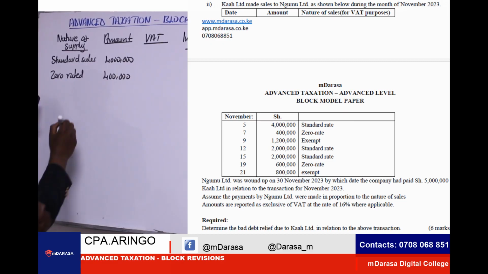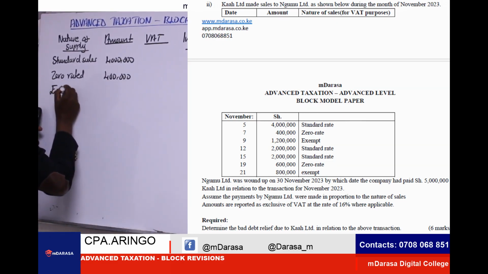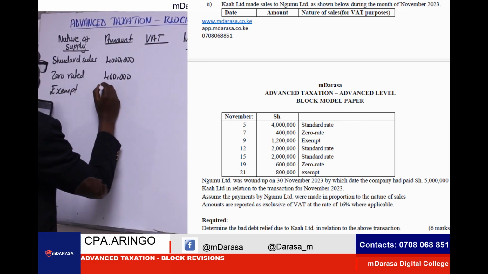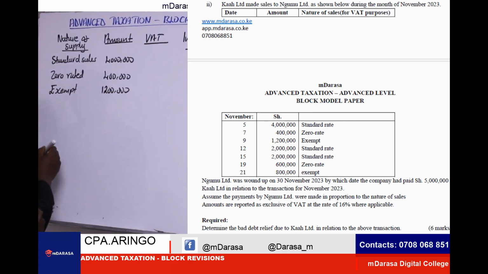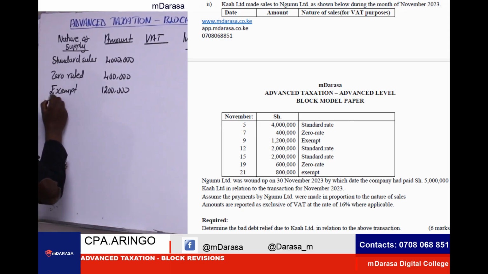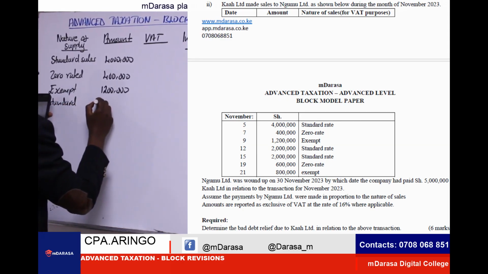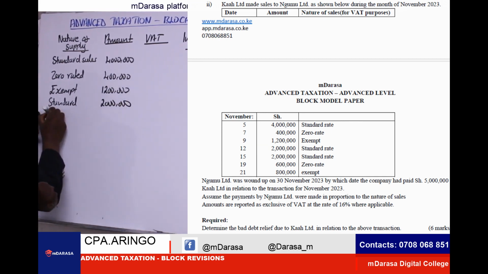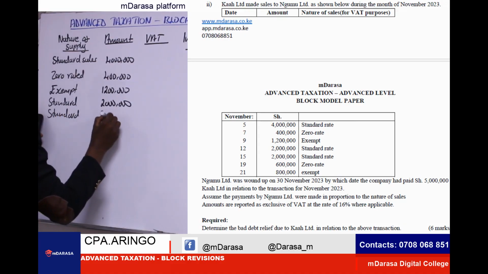We have exempt sales, where you're given 1.2 million. We are also given standard sales again, 2 million.